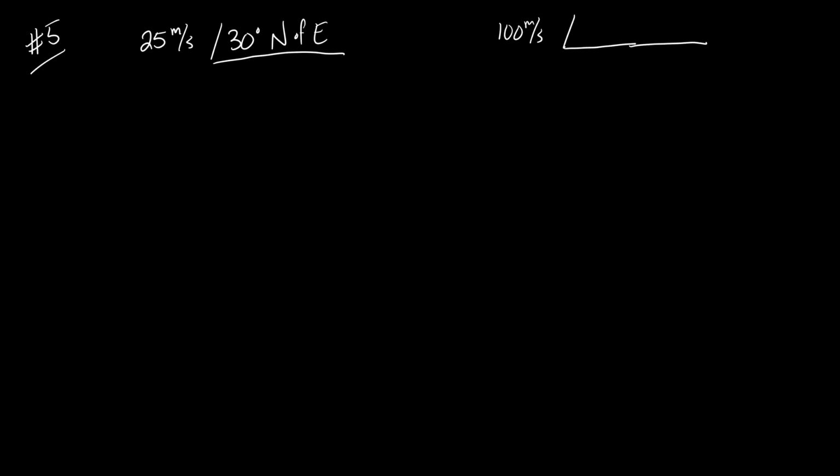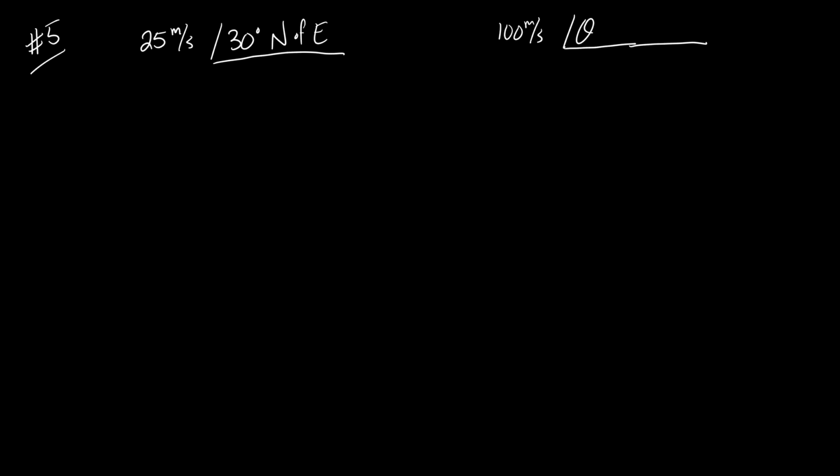So, the first vector seems to be the wind, as given to us as 25 meters per second, 30 degrees north of east. The plane must maintain a speed of 100 meters per second, but we don't know the direction of the plane.